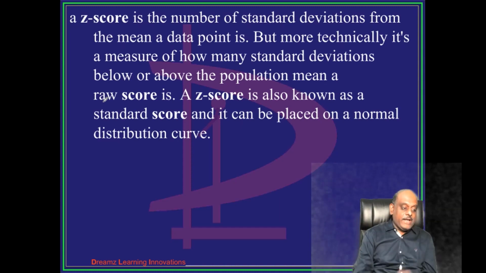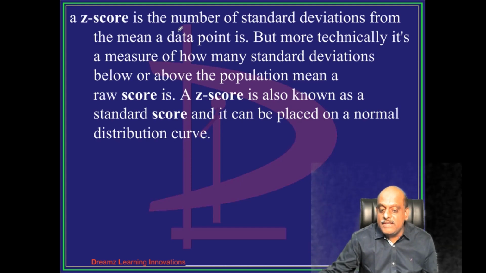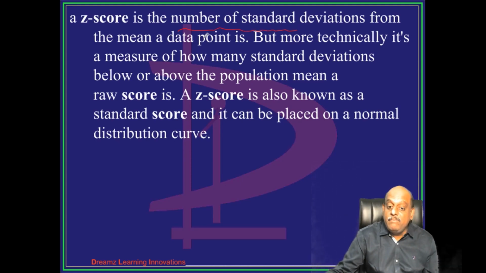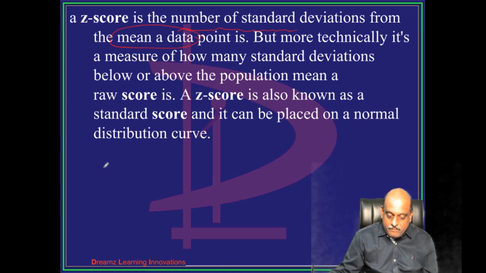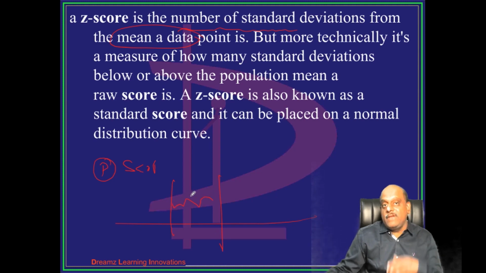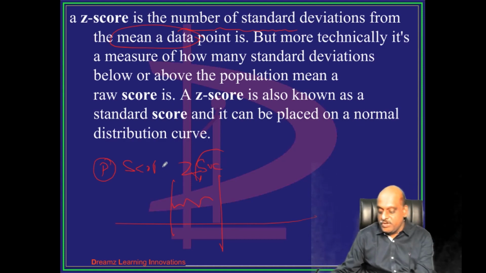Z score क्या होता है? Z score is the number of standard deviation from the mean of the data that a given person's score, population के mean से कितने standard deviations दूर है, इसको कहते हैं Z score, is what you need to remember.